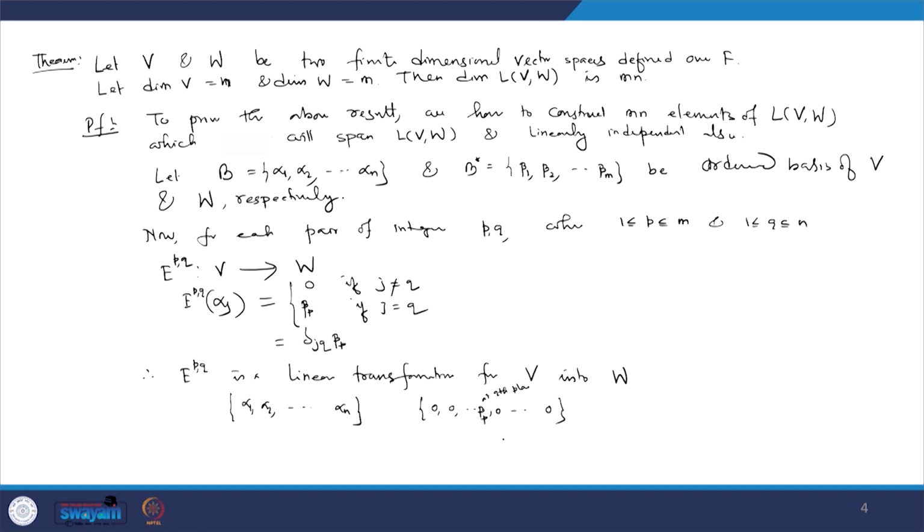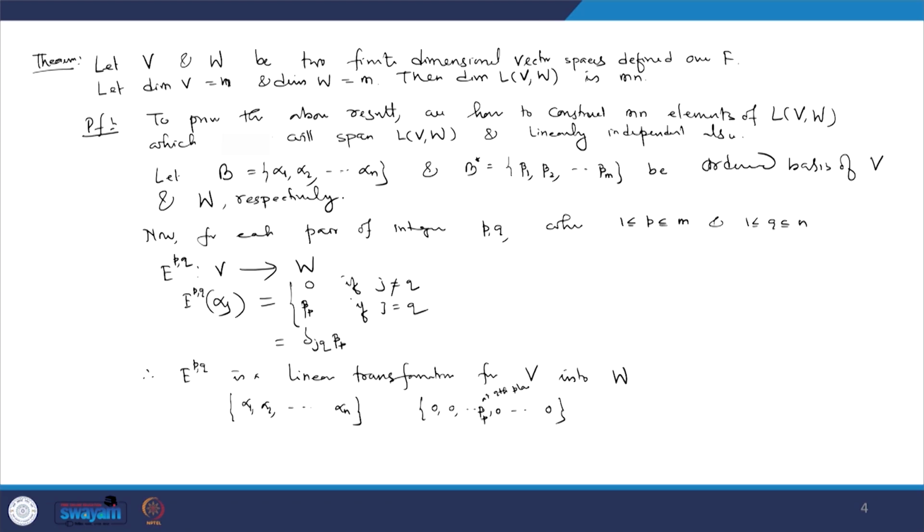This is a subset of W, and that is a subset of V, and this subset is linearly independent. We know there is a unique linear transformation mapping alpha i to this set. I mean if I consider this as gamma 1, gamma 2, ..., gamma n, then there is a linear transformation mapping alpha 1 to gamma 1, alpha 2 to gamma 2 like that.